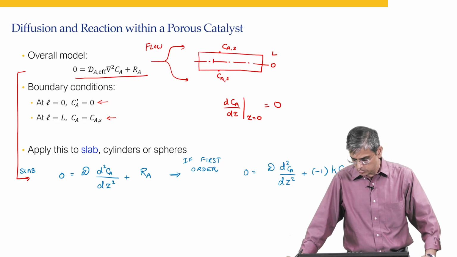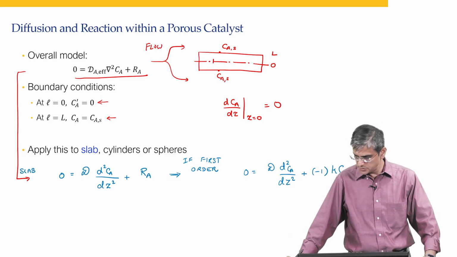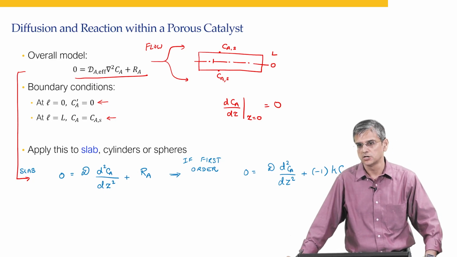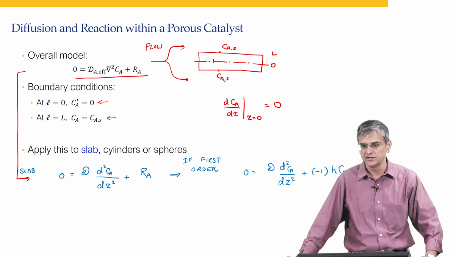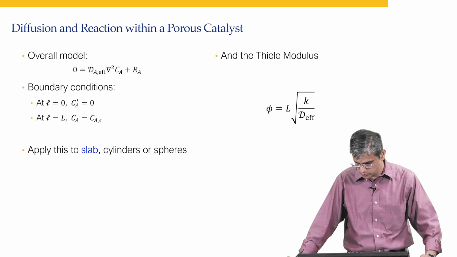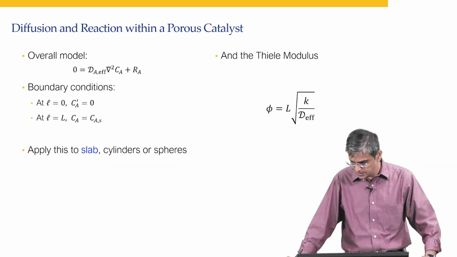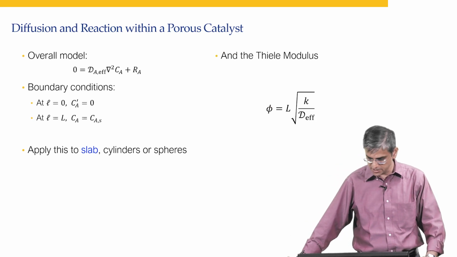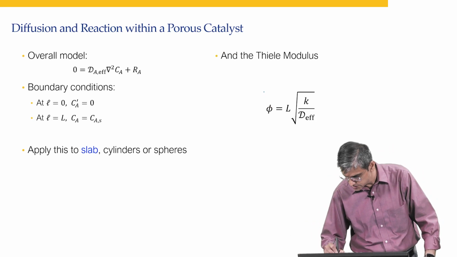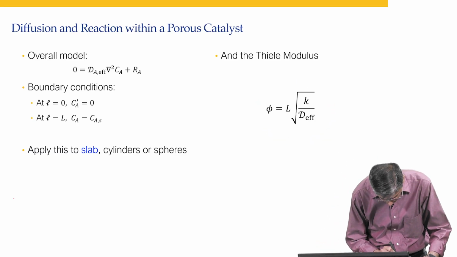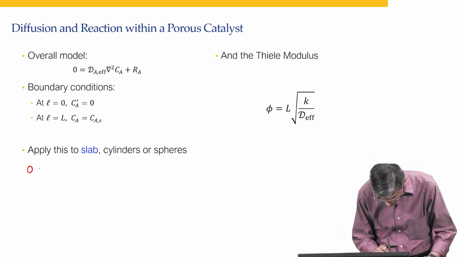So, how do you convert this into non-dimensional? Ca equal to Ca naught multiplied by zeta, Z equal to L multiplied by another quantity. And when you do that, and we did that in the previous lecture, we can rearrange to get the Thiele modulus. Again, just for the sake of completeness, how do you do this?